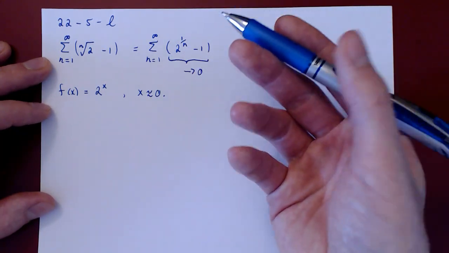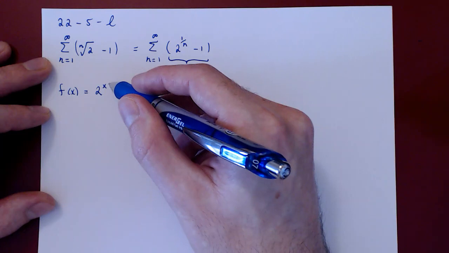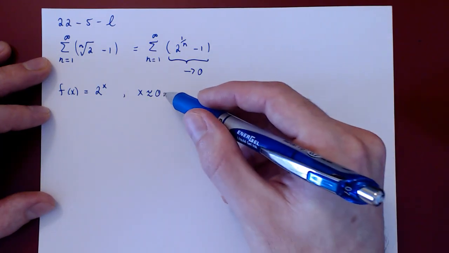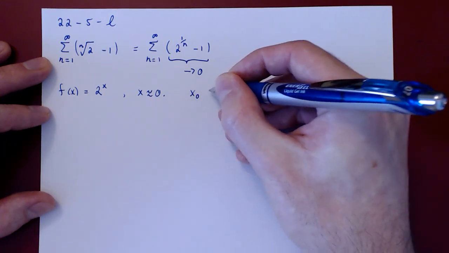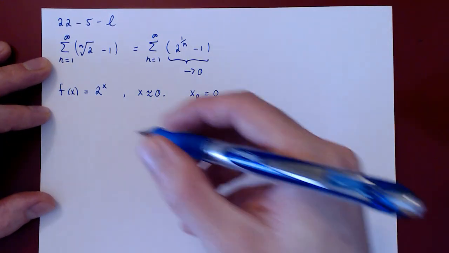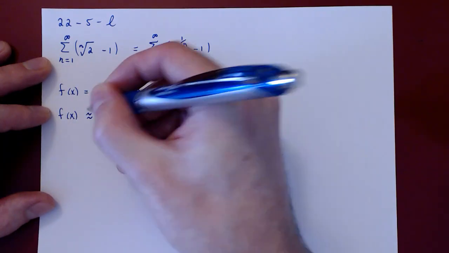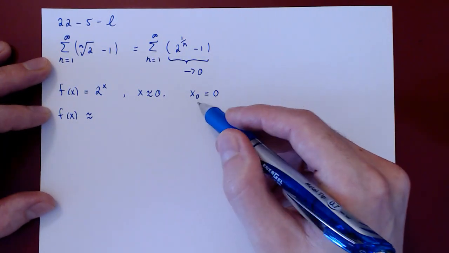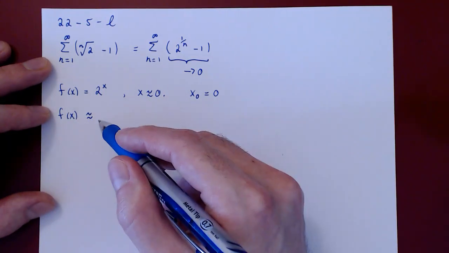So here what we're going to do is find the equation of the tangent line to 2 to the x at x equals 0. So here, the point of tangency, x0, is equal to 0. And if you remember the general result, near the point of tangency, here x0, a function will be approximately equal to its tangent line.